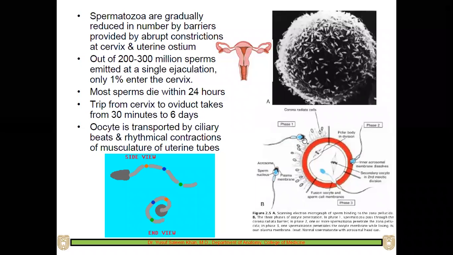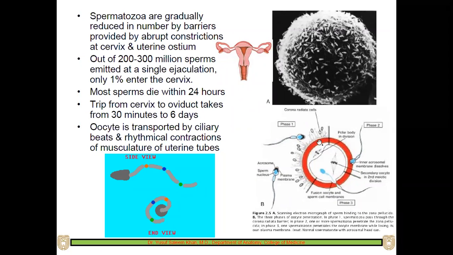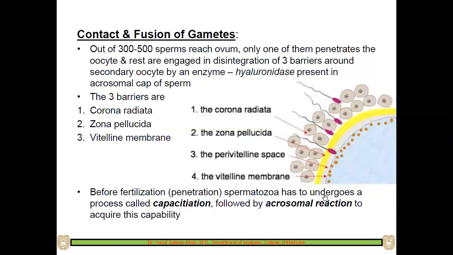So outside we have the corona radiata, then inside is the zona pellucida, this pinkish or reddish thick band, and inside we have the vitelline membrane. So these are the three barriers which will be broken down by the enzyme hyaluronidase, which is released from the acrosomal cap of the sperm. That will break the three barriers around this oocyte.